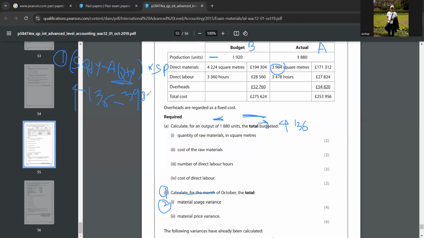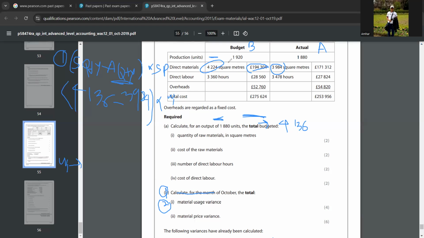Okay, but then we don't know the standard price in this question, right? So you have to find that by putting working one. So put into and then show working one and then do the working here. So how will you find standard price? Now look at this 194,304, this answer divided by this answer. Then only you will get the per unit price, right?